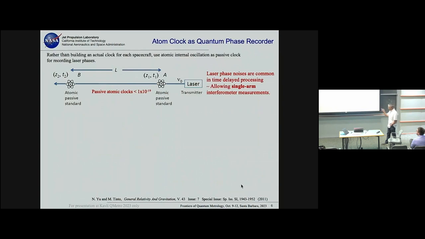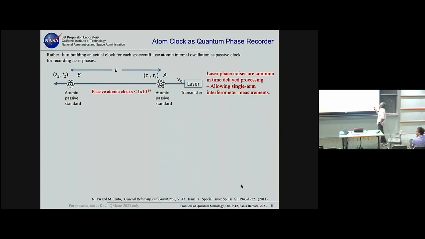You can do exactly what LISA is doing, a time-delayed interferometer, in the sense that the interferometer is really the laser interfering with the atomic oscillator itself. We would call it a quantum atomic phase meter, and the interaction will register the phase here and the phase here. If you do the time delay to cancel out the common laser phase noise, then you will be able to get the gravitational signal.